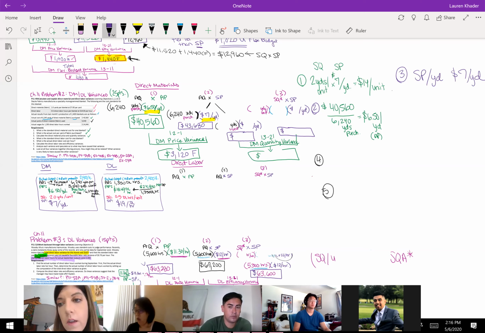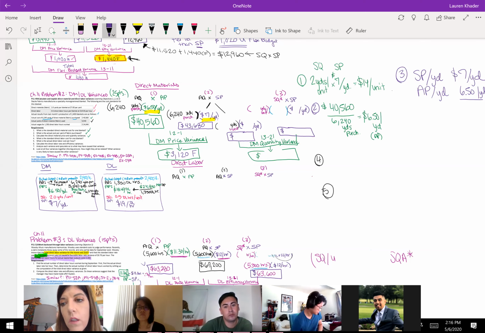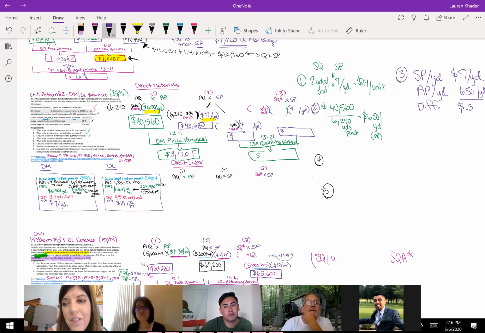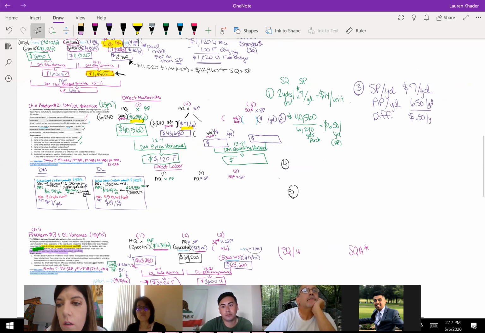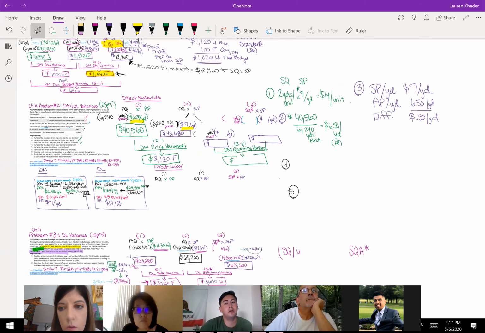You're comparing that to the actual price per yard of $6.50 per yard. And you calculate a difference of how much per yard? 50 cents per yard. So I'm just showing you the variance for how you're going to have to enter it in. Does everybody see where the $7 per yard came from?